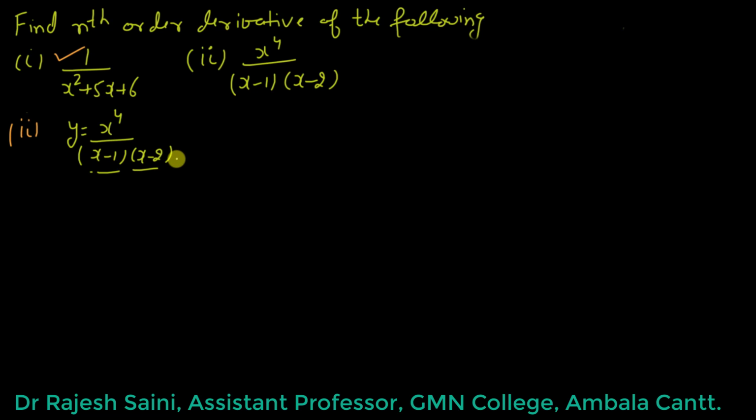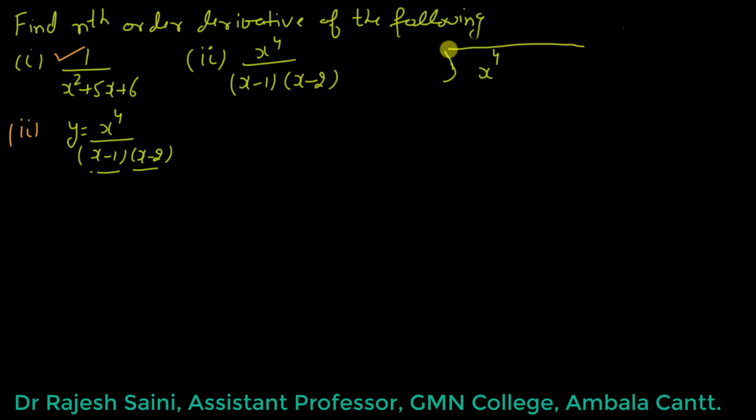So the denominator has degree 2 and the numerator has degree 4, so the degree of the numerator is greater than the degree of the denominator. So we cannot apply the partial fraction in the present form, because to apply it the degree of the numerator has to be less than the degree of the denominator. So in this case we have no option but to carry out the division.